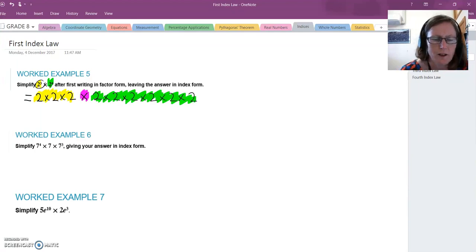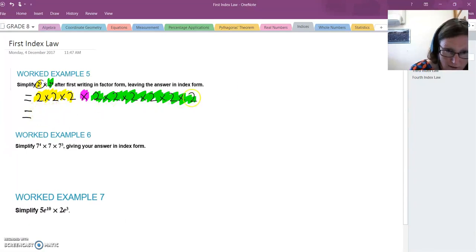I've colour-coded that there: 2 to the power of 3 I've written as 2 times 2 times 2, and I've multiplied it by 2 to the power of 6. You can see that I could write that solution in index form as 2 to the power of 9, because there's 1, 2, 3, 4, 5, 6, 7, 8, 9 twos.